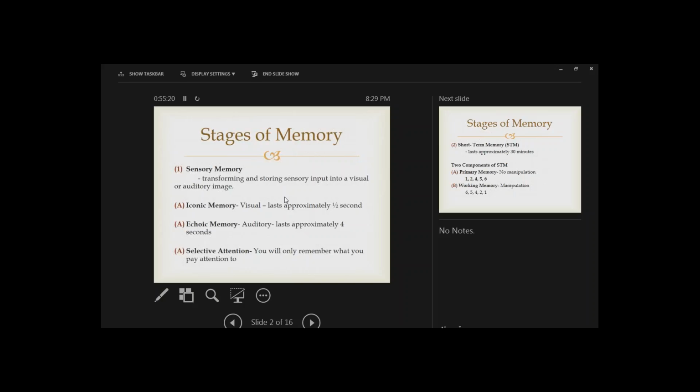Selective attention is a concept, especially when it comes to sensory memory. But what this concept is, if you've ever been working on something, say I'm having a conversation with Raju, and somebody is out in the hallway, and Rajana hears her name.